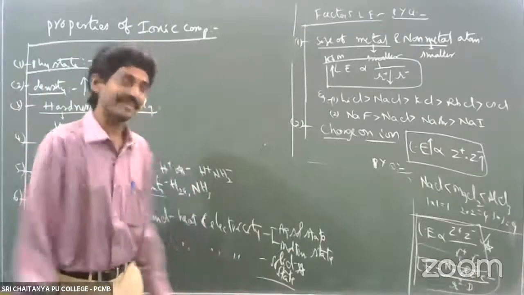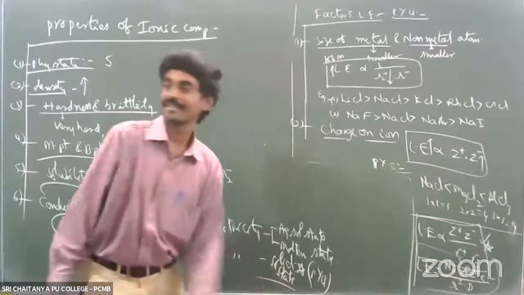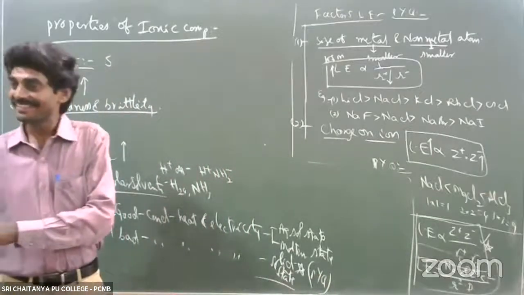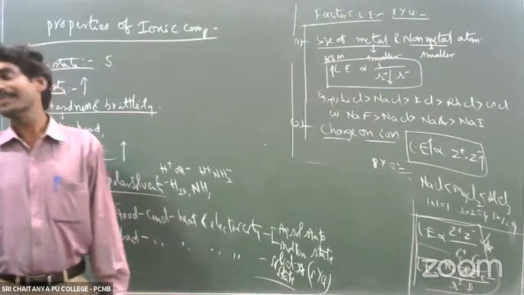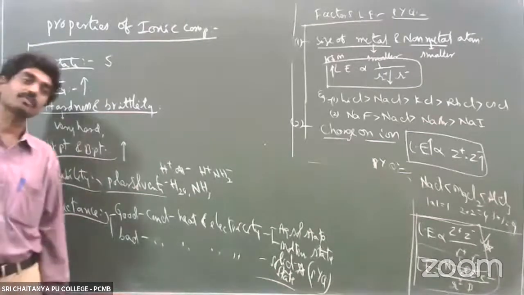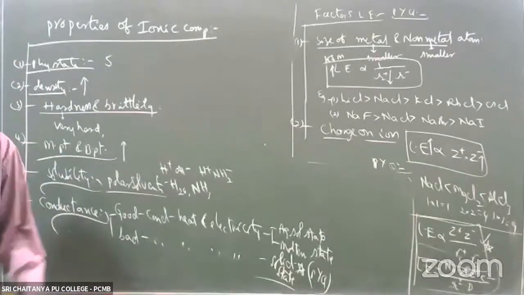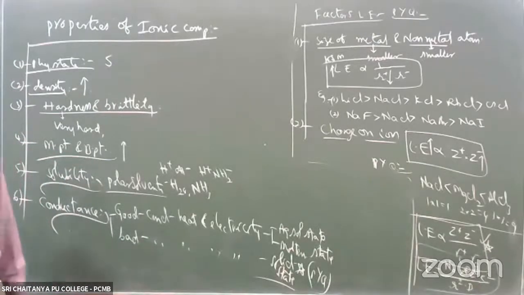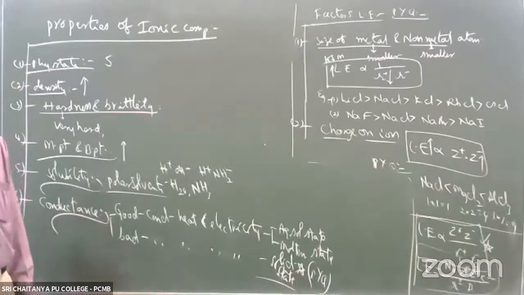In solid state, ionic compounds do not carry electric current from one place to another. Electricity is due to either mobility of electrons or mobility of ions. Flow of negative charge, the electrons, is called electricity, or the flow of ions. So ions can carry electric current from one place to another.